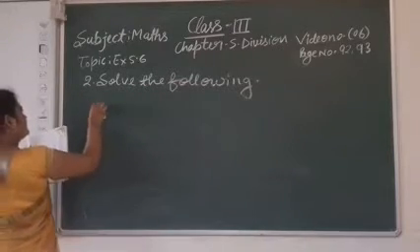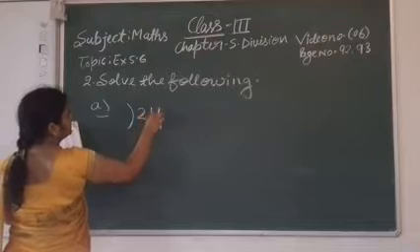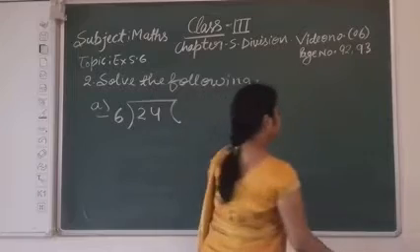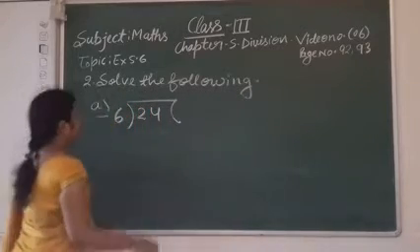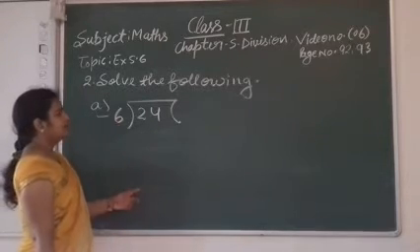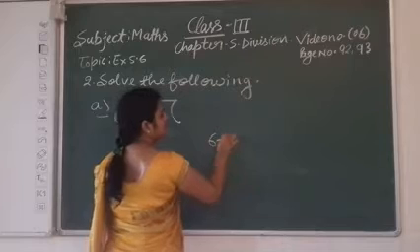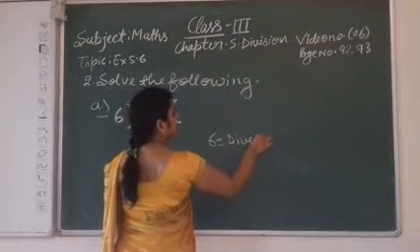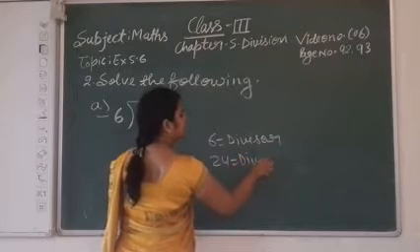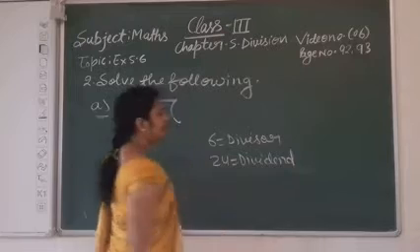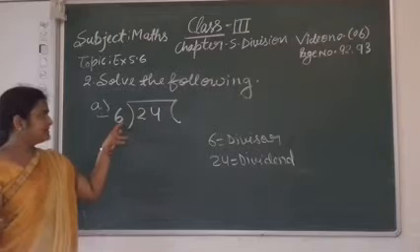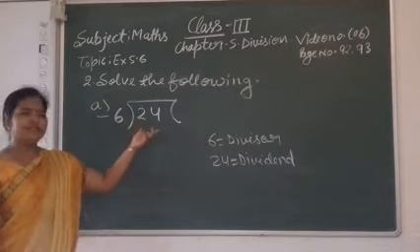A is 24 divided by 6. So we have to divide 24 by 6. 6 is divisor and 24 is dividend. Okay, so how many times does 6 go into 24?